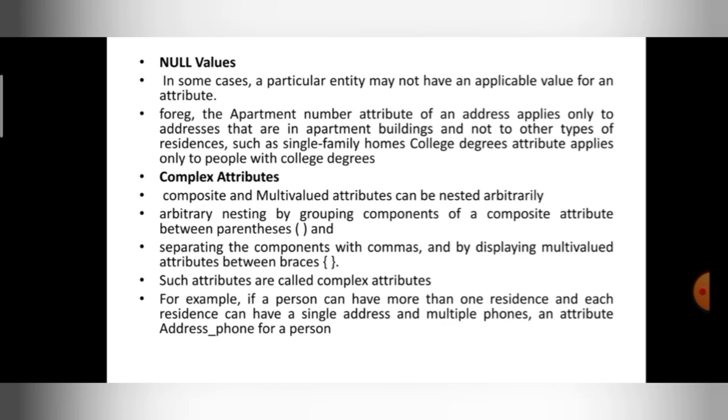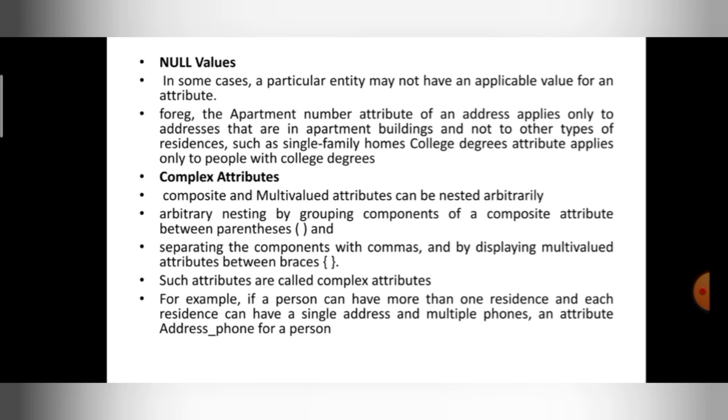Next, null values. Some attributes can have null values. Null values means empty values. For example, a particular entity may not have an applicable value for an attribute. The apartment number attribute of an address applies only to people who are living in apartment buildings. Suppose I am not living in an apartment, my apartment number will be empty.